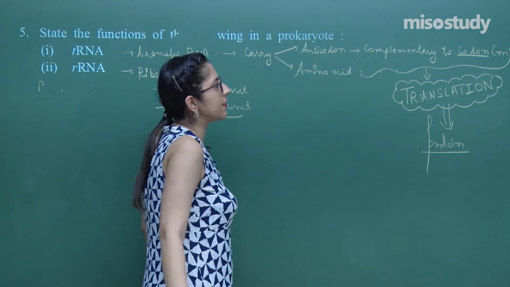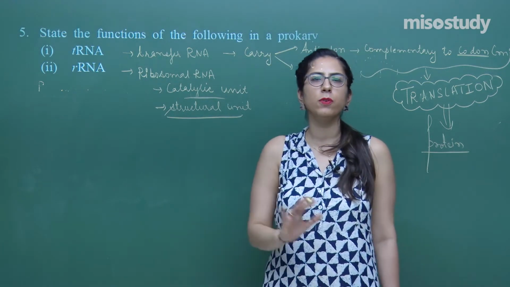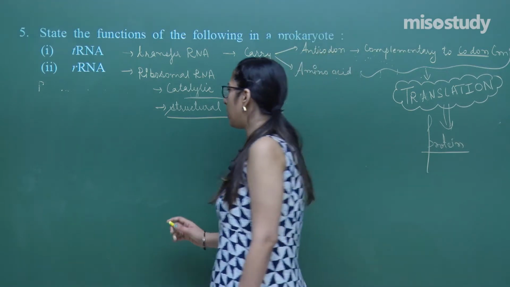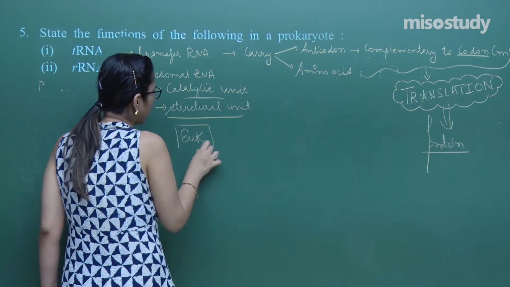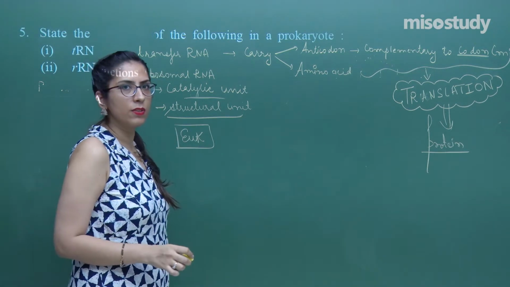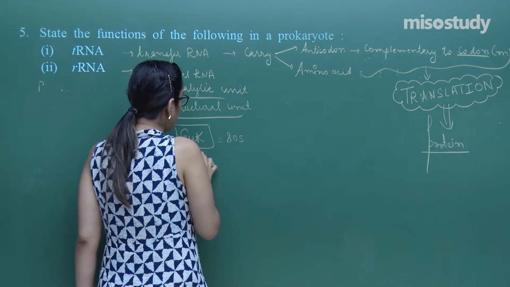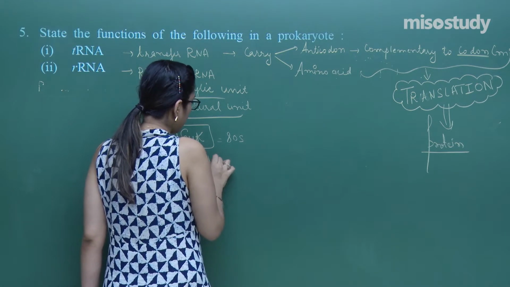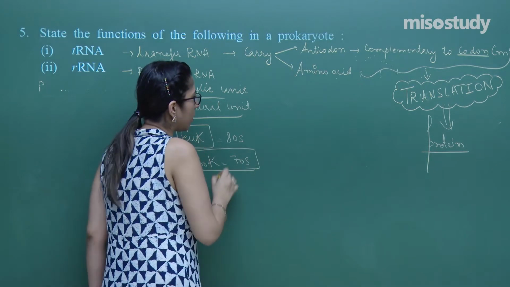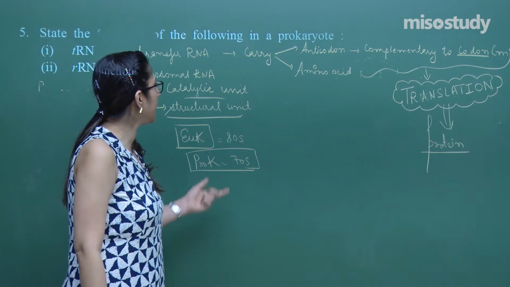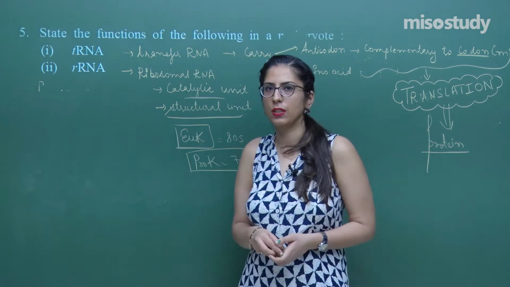Hope you remember the translation process, where I discussed that first of all the smaller subunit of the ribosome comes. In eukaryotes the ribosome present is 80S, and in prokaryotes the ribosome is 70S. These are the two different ribosomes. So they act as a catalytic and structural unit, and help in the process of translation, right?